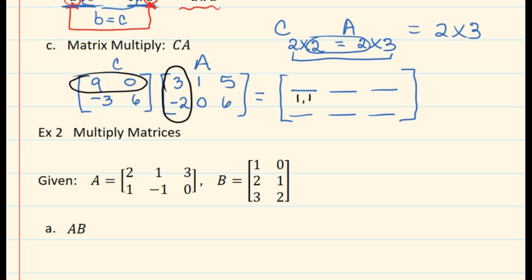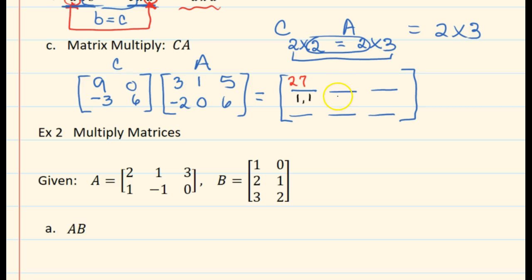I'm going to multiply the very first element of each one of those together. That's going to give me 27. And I'm going to add what I get when I multiply the second numbers in each one, which is 0. So we're going to find that to be just 27.